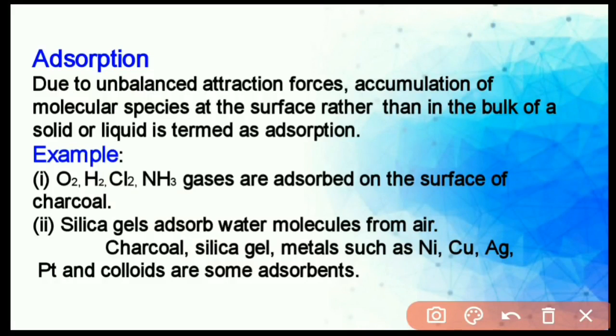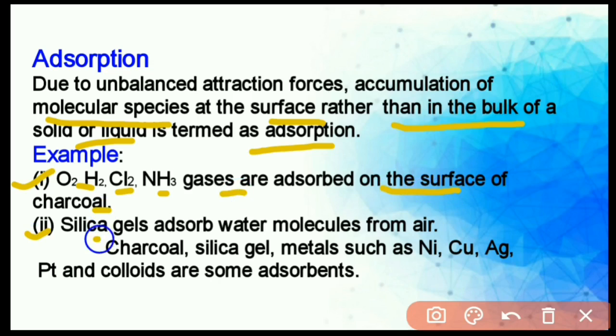We can define adsorption as follows: due to unbalanced attractive forces, the accumulation of molecular species at the surface rather than in the bulk of a solid or liquid is termed adsorption. For example, oxygen, hydrogen, chlorine, and ammonia gases are adsorbed on the surface of charcoal.